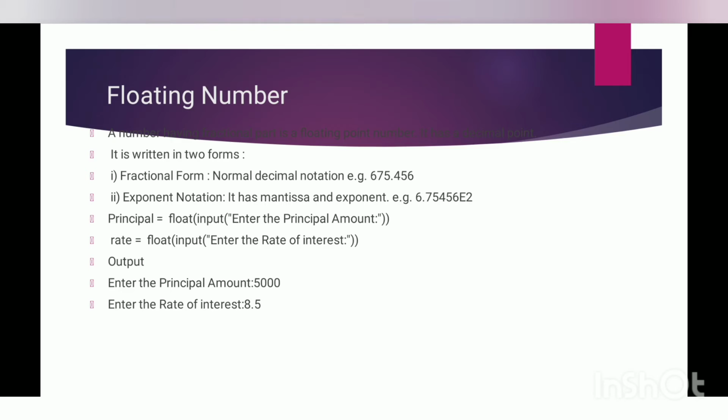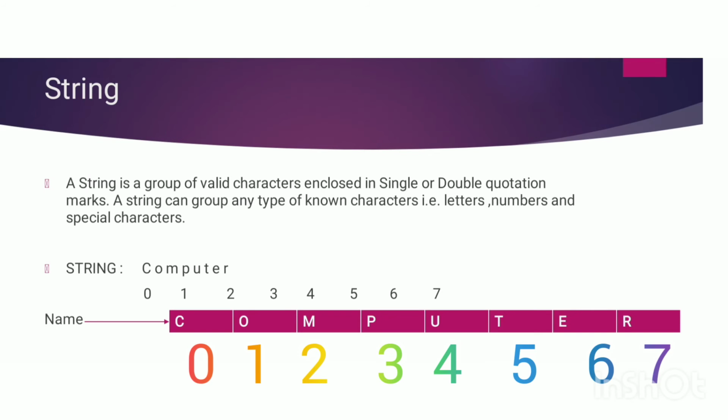So it has a mantissa and an exponent part, like it is given, for example, 6.754556E2. Wherever we have to handle decimal values, we can use the float data type.